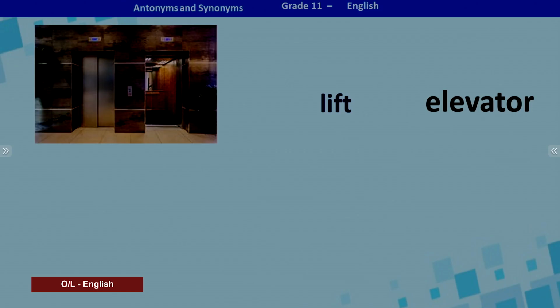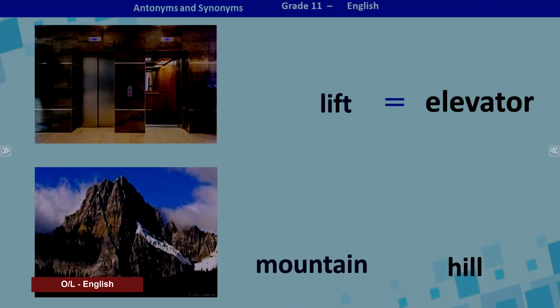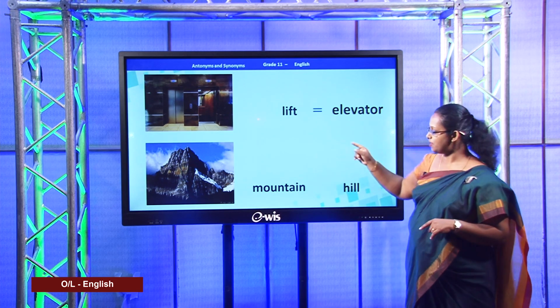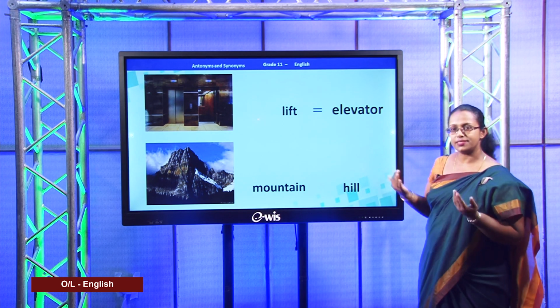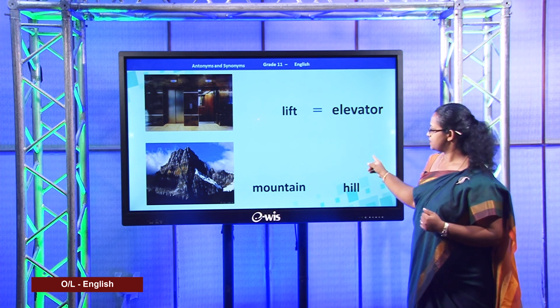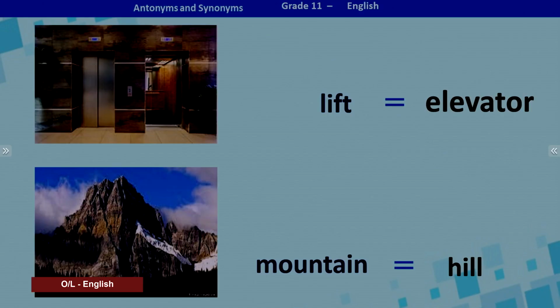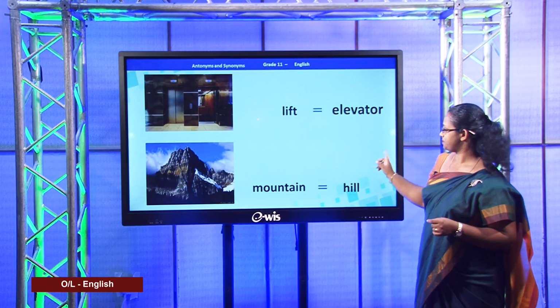Lift, elevator. Another example, you can see a mountain here. The synonym for mountain is hill. It gives the same idea. So, I suppose that you know what synonyms are. Now we are going to move on to a small activity.